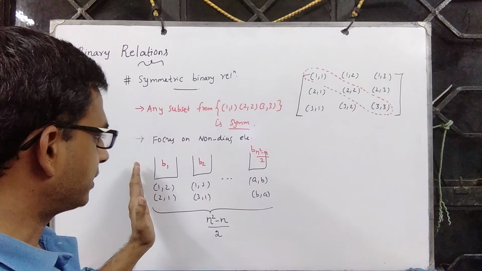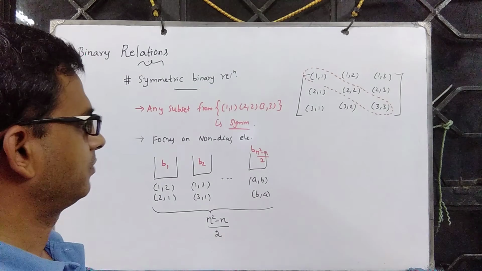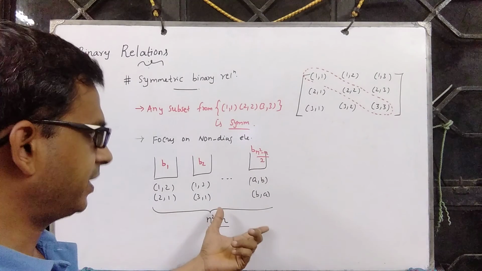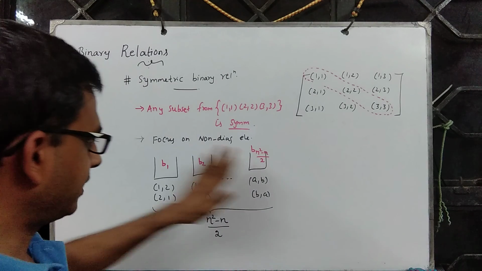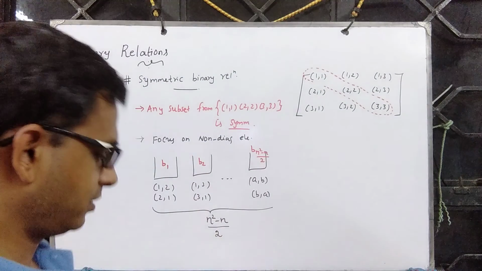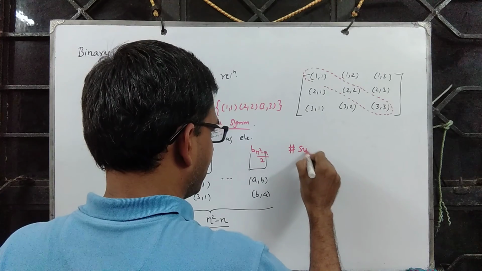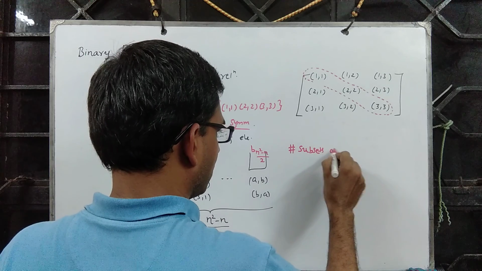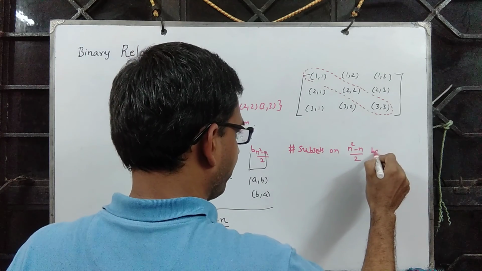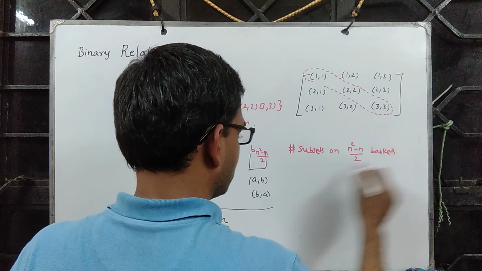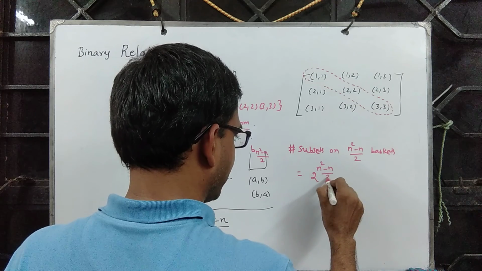Now you can choose any subset of these baskets. You choose nothing, the empty set, that's symmetric. You choose this one and this one, that's also symmetric. So the number of subsets on (n square minus n) by 2 baskets is how much? 2 power (n square minus n) by 2.